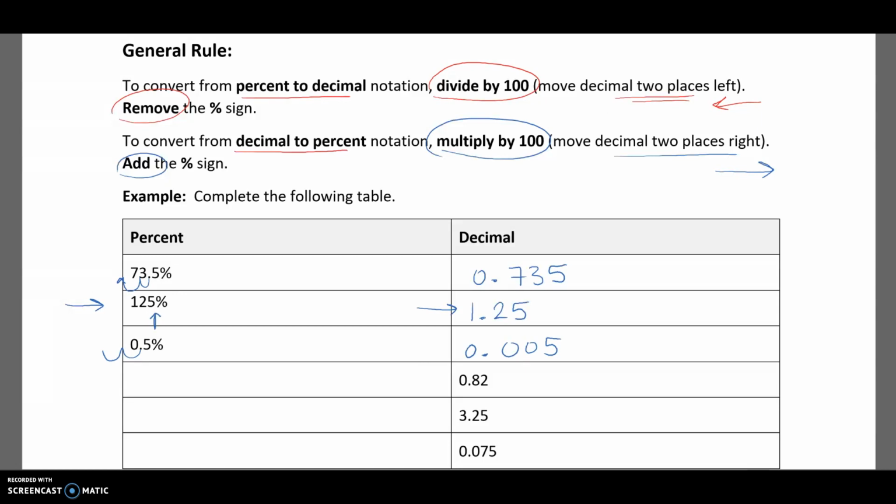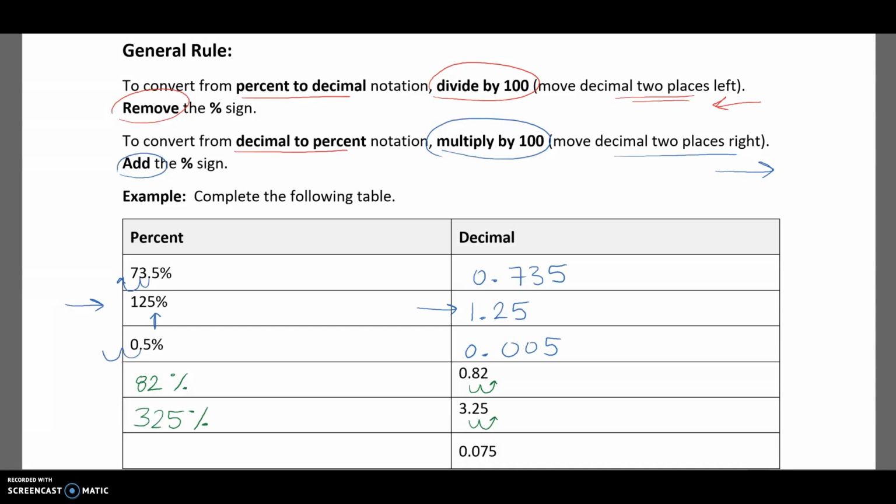We'll start with the decimal and convert to the percent. To do this, we multiply by 100 or move the decimal 2 places to the right. So 0.82 as a decimal is 82, and now I need to add the percent symbol, 82%. This number 3.25 as a decimal to convert to a percent, move the decimal 2 places to the right, becomes 325%.